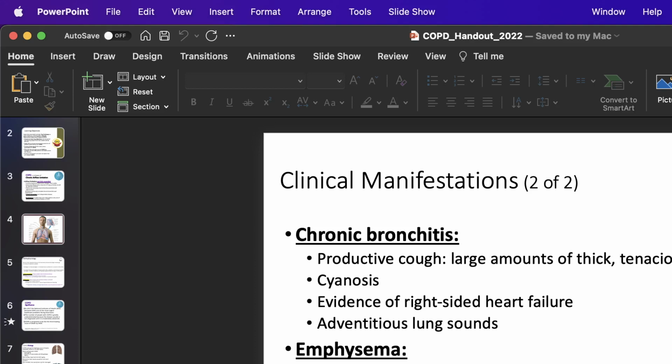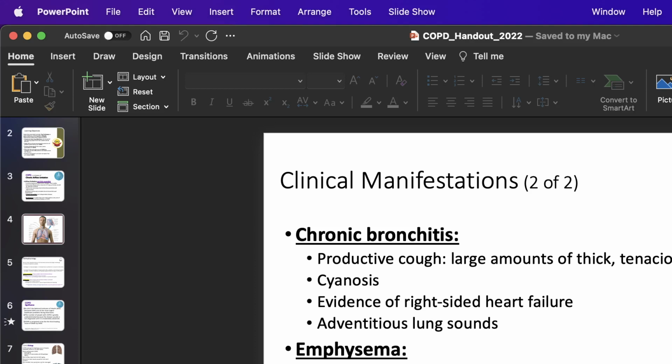hoarse-sounding lung sound. People with emphysema, because of the air trapping, they have hyperinflated lungs, and over a period of years, it actually changes the structure of their whole upper body, their whole thoracic, the rib cage. There's an increase in what we call, you'll see the doctors write it in the H&P as an increased AP diameter.